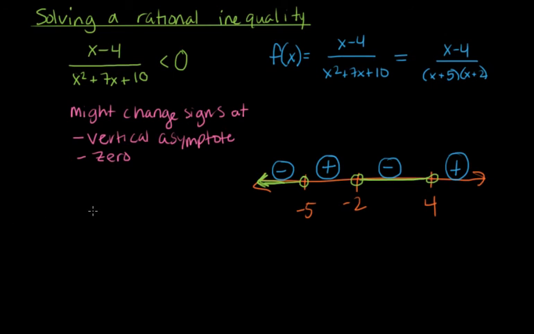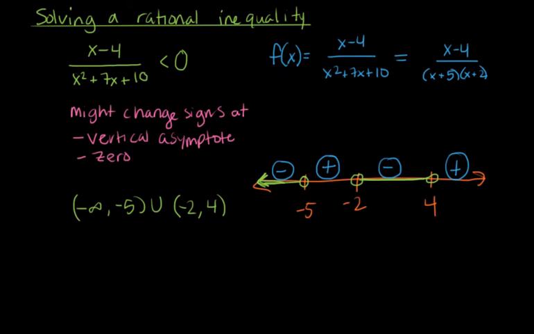It would be from negative infinity to negative 5, and then from negative 2 to 4.